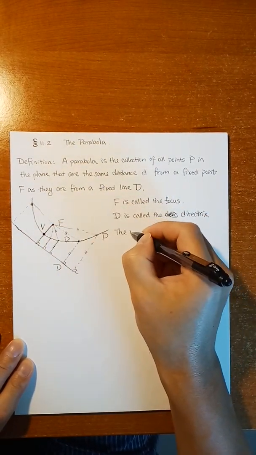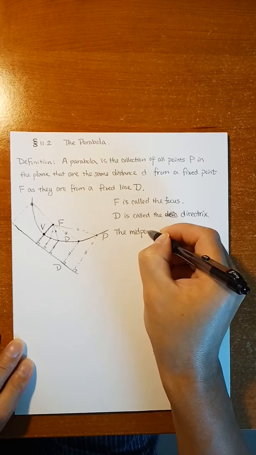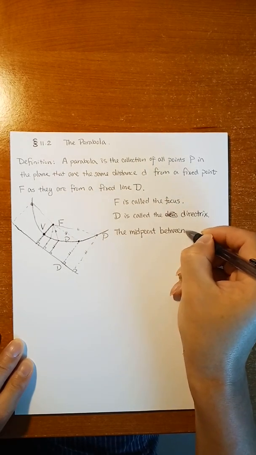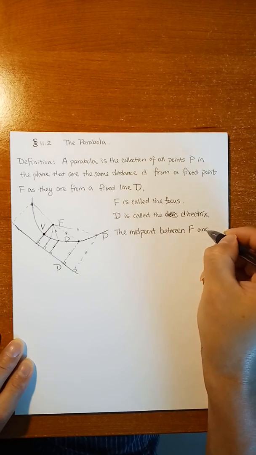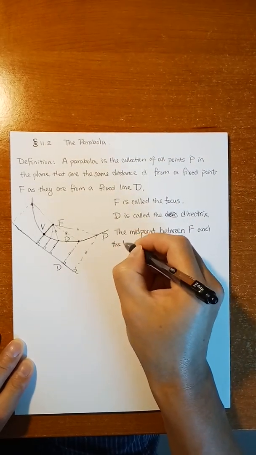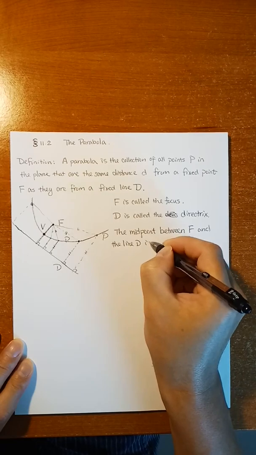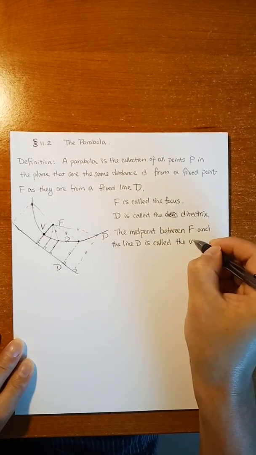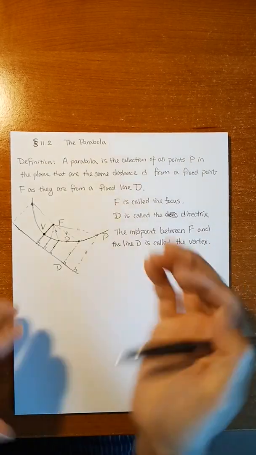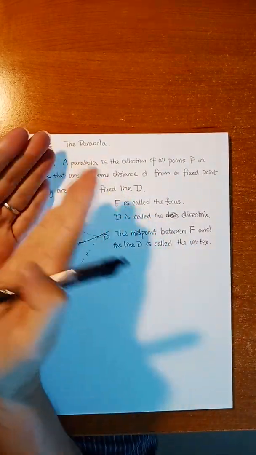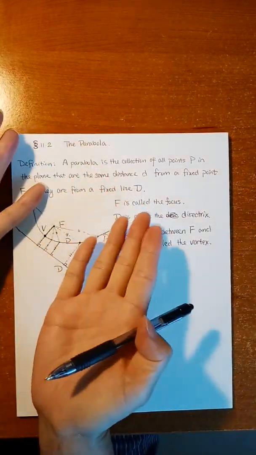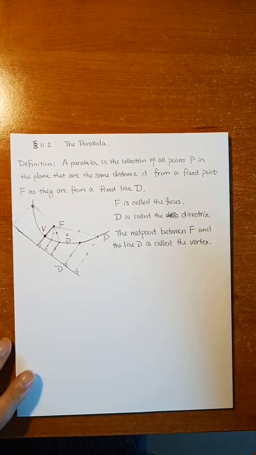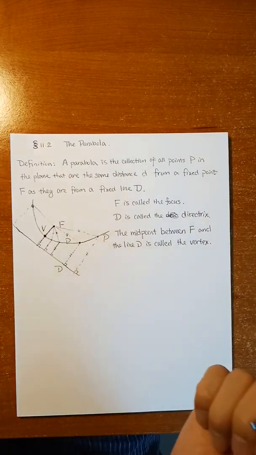The midpoint between F and the line d is called the vertex. And this parabola will be symmetric about this vertex. This right side, left side, they are symmetric. All right? Okay, so that's the geometry.